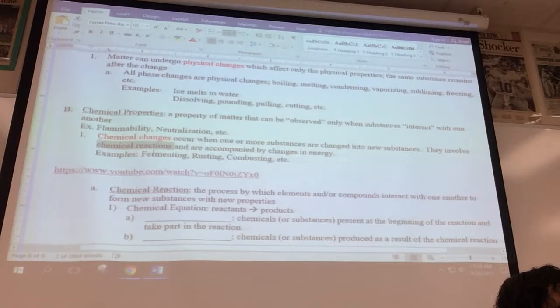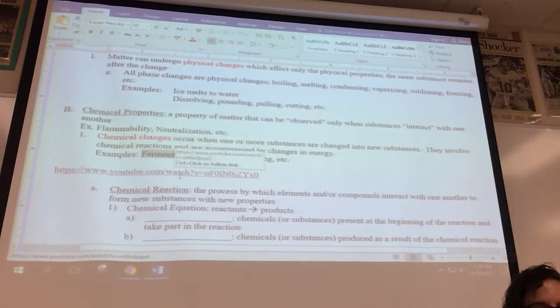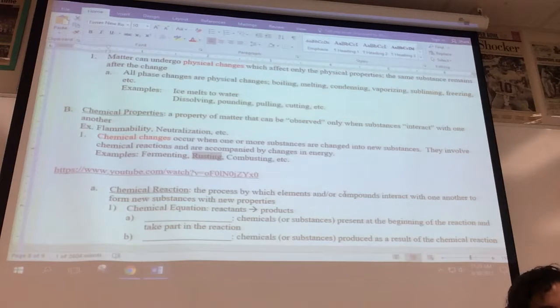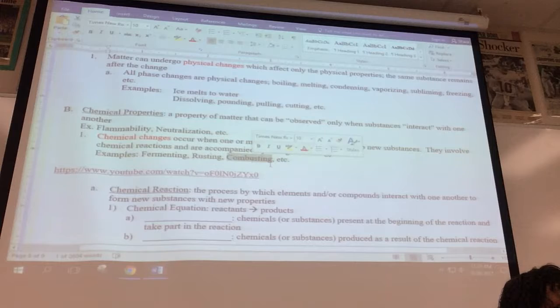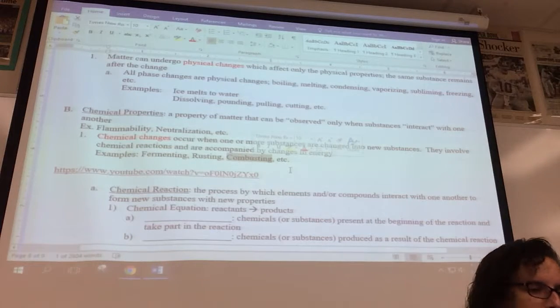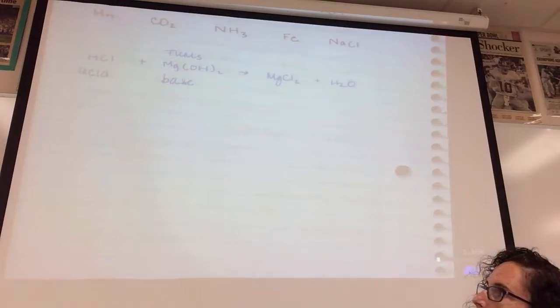Examples of chemical changes are fermenting. This is a process through which you make beer, wine, etc. Rusting, chemical change. You're going to generate a product with different properties than what you started with, a different substance. Combustion. You've actually seen this before. I can illustrate both of these for you.